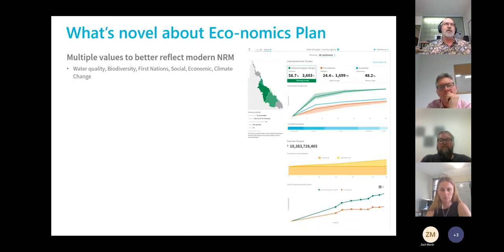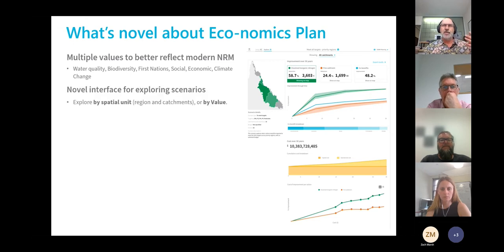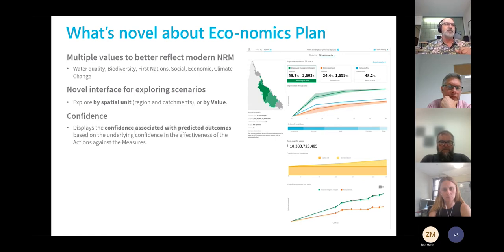What's novel about it is that it's not just a water quality game or a biodiversity game, but water quality, biodiversity, First Nations, social, economic, and climate change, trying to consider all those things simultaneously and weight them up to come up with a portfolio that ticks multiple boxes, and then to be able to explore those results by spatial unit or by the value that you care about. We want to be able to represent confidence in the underlying predicted outcomes, and also confidence in the costs.